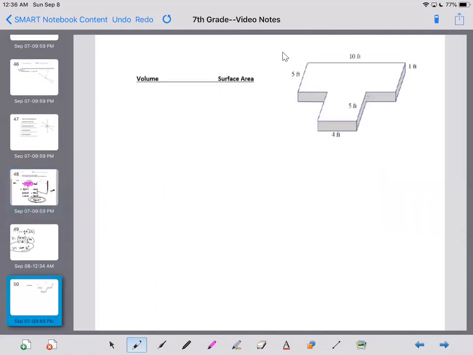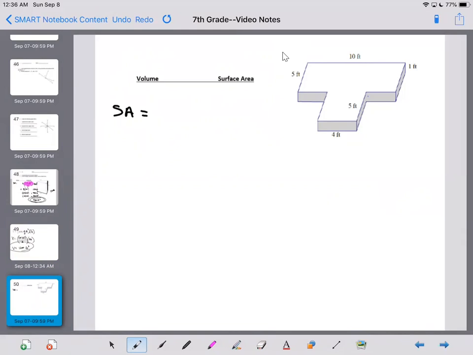All right, the last one. So we're thinking about surface area, which is going to be a little lengthy because we've got several pieces that we're looking at, okay? So remember, surface area, we're looking at all the front, the sides, the top, bottom, sides. We're looking at everything.